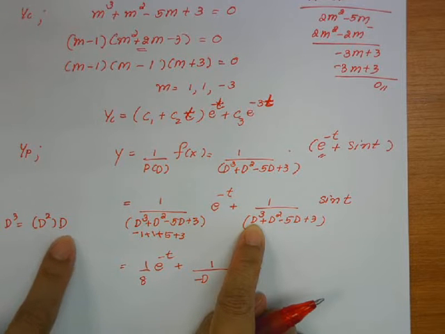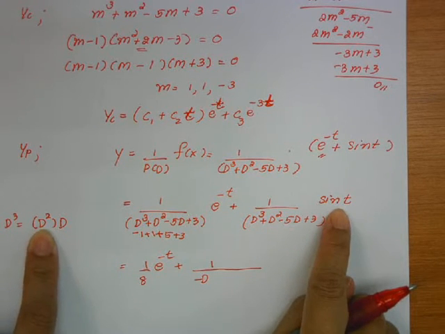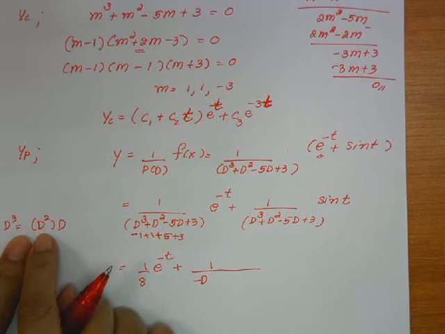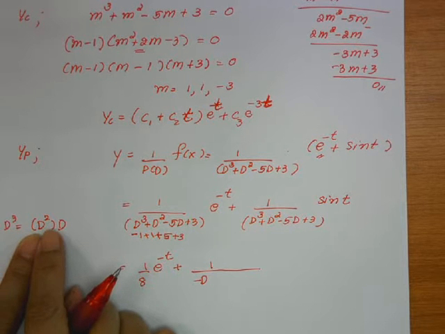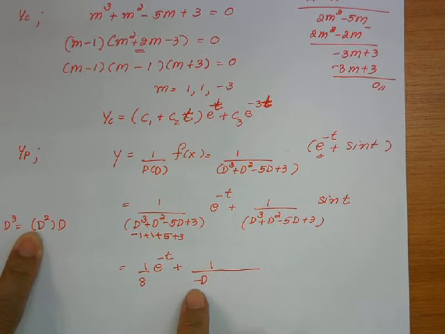But our d to the power 2 is replaced with minus a squared. Our a is equal to 1. 1 squared equal to 1. 1 times minus 1 equal to minus 1. So that means our d squared now is replaced with minus 1. Minus 1 times d is equal to minus d.